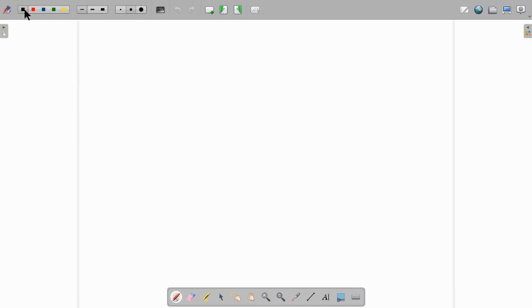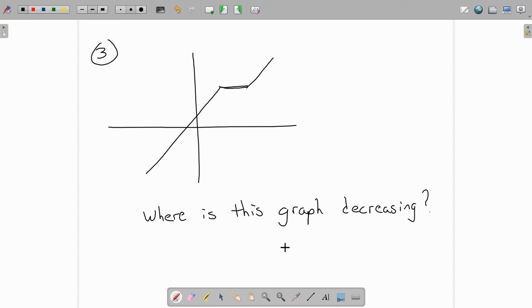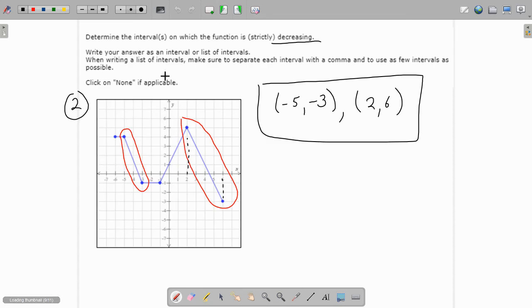And let's say here, let me just give you a quick example 3. Let's say our graph is increasing, constant, and increasing. If they ask you where is this graph decreasing, that would be you would click none.